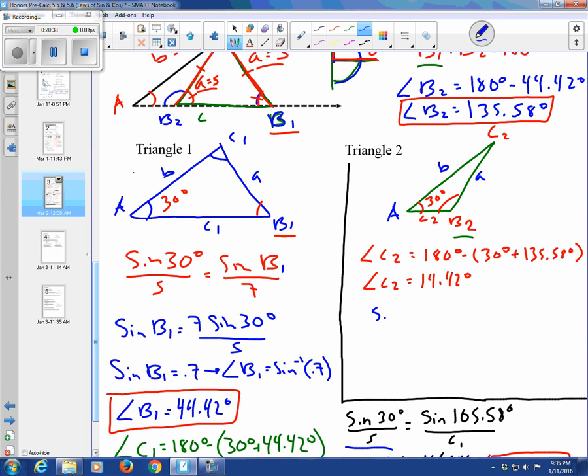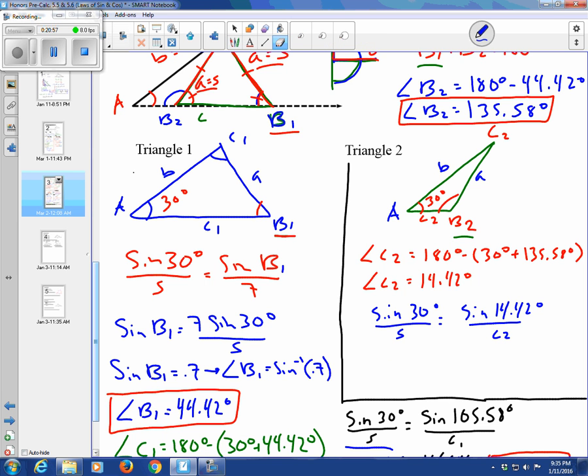And now with that angle C2, we can go ahead and solve for that last side C2. So sine of 30 degrees over our side of 5 is equal to sine of 14.42 degrees over C2.